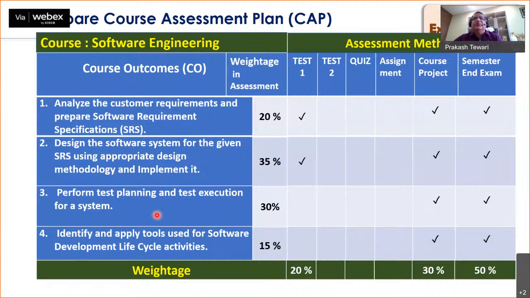That is how we have to ensure that the performance parameters used in rubrics test the course outcomes. Then there will again be questions related to all the COs in the semester examination.